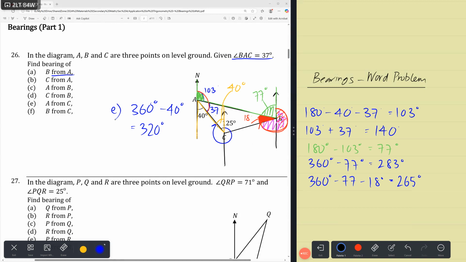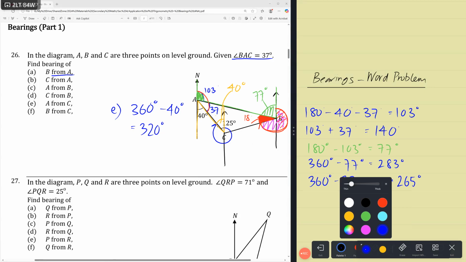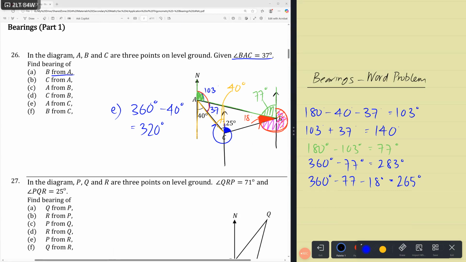This is part E. And lastly, bearing of B from C, which is this angle in blue that I'm going to shade in blue. Bearing of B from C is just this small angle, the one that's shaded blue here.